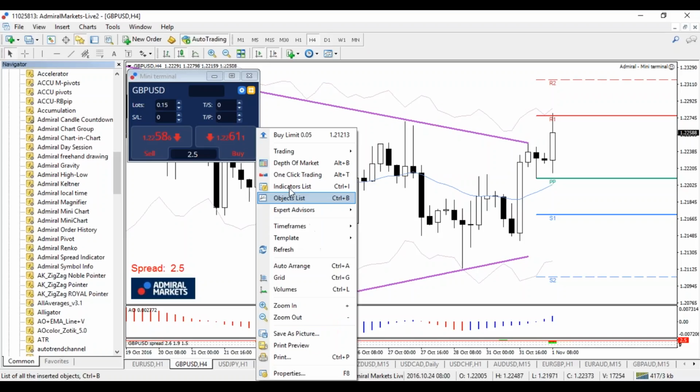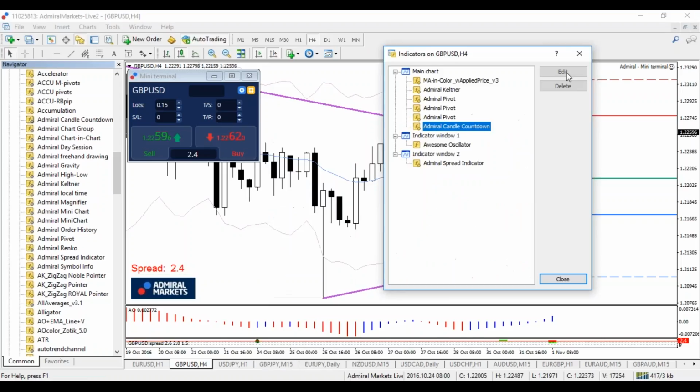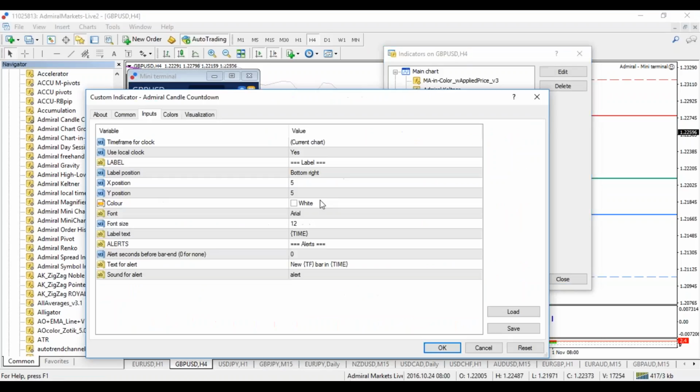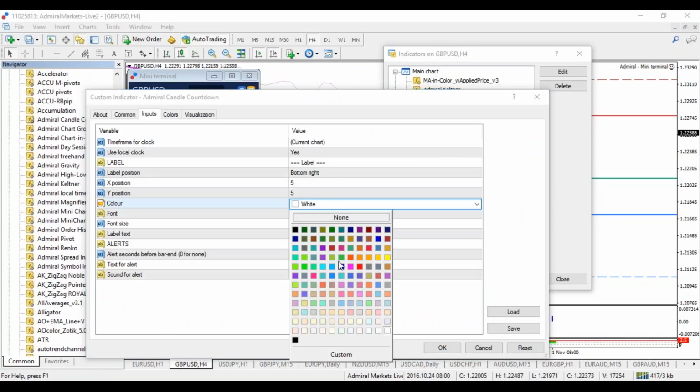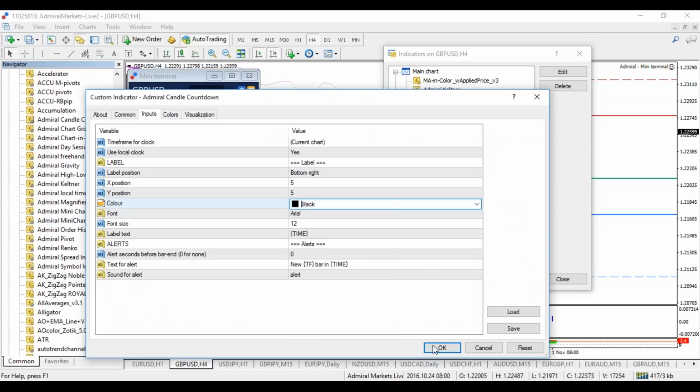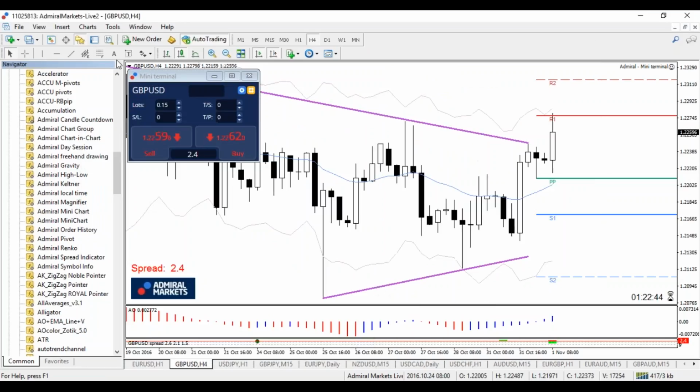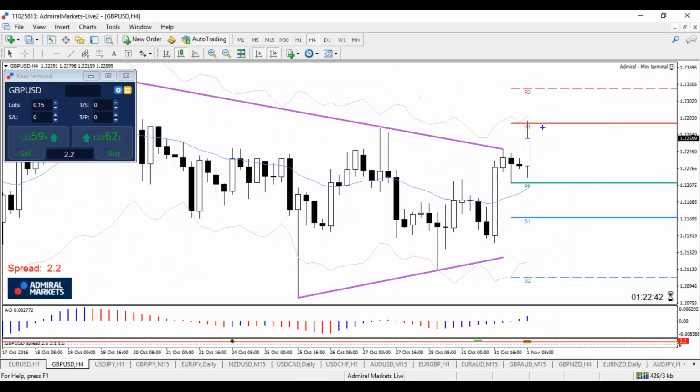One second, I forgot to change the color here. Okay, 122 hours. So the 4 hour candle will also say a lot. That will give the most information about whether it's a false break or if it's just small volatility within that 4 hour candle.